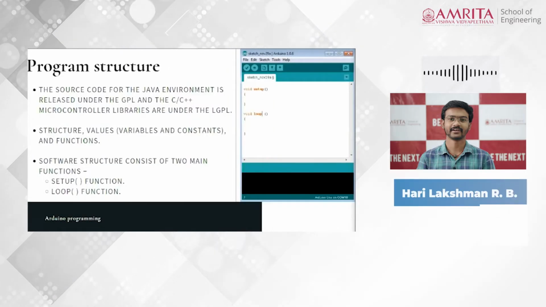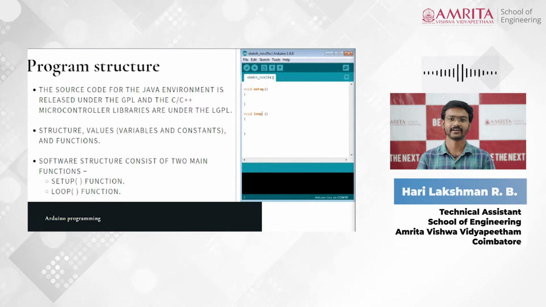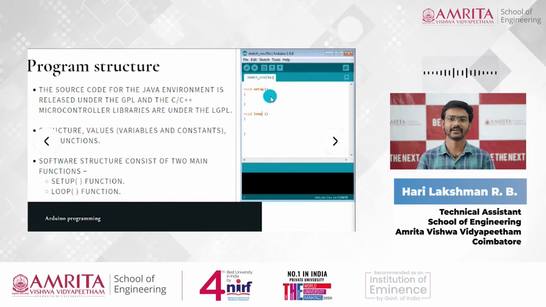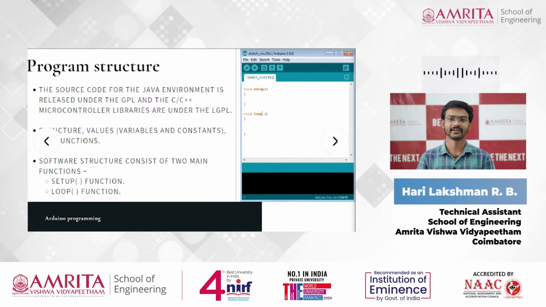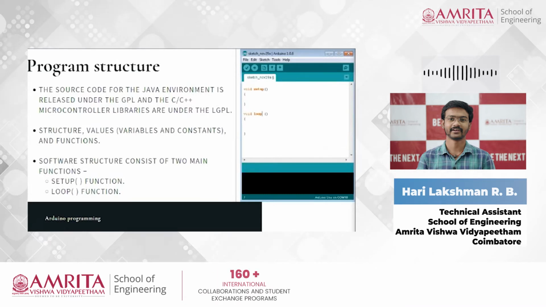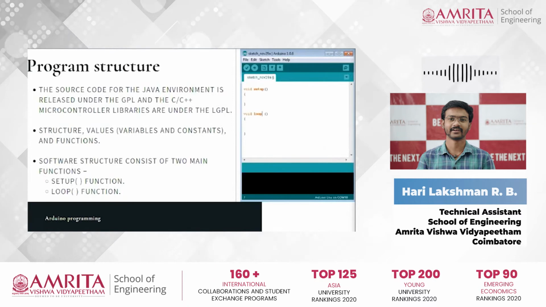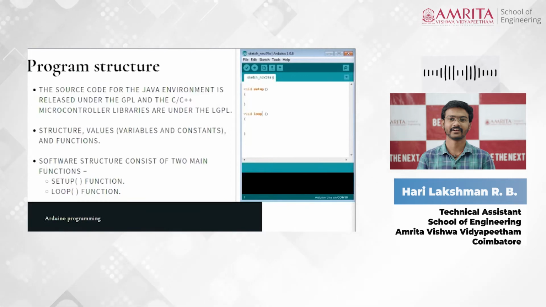So let's start with the structure. The software structure consists of two main functions: the setup function and the loop function. As you could see in the image, setup and loop are the two main structures of programming an Arduino board. Inside void setup, you could give the purpose of your code, and the setup function is first called when the sketch starts.